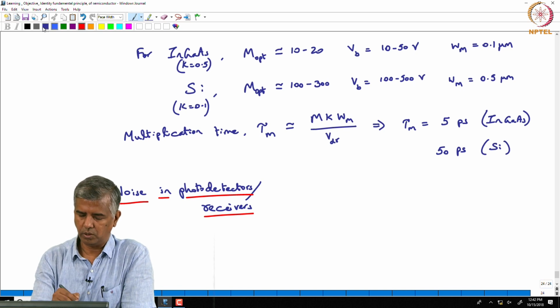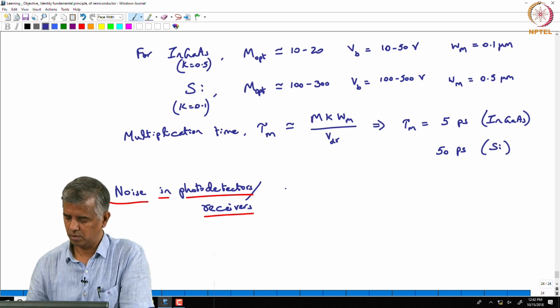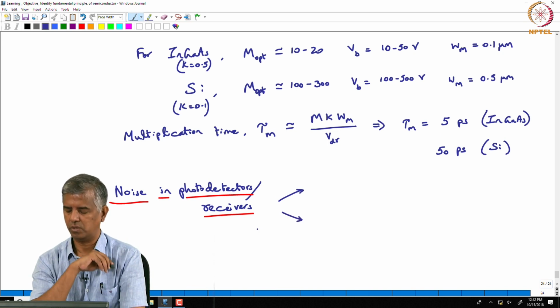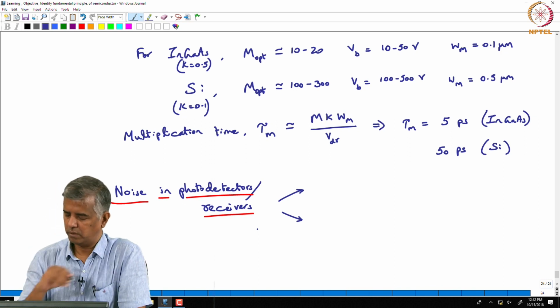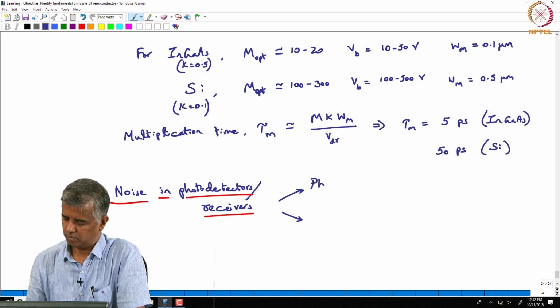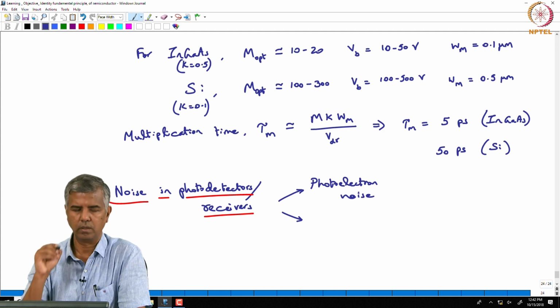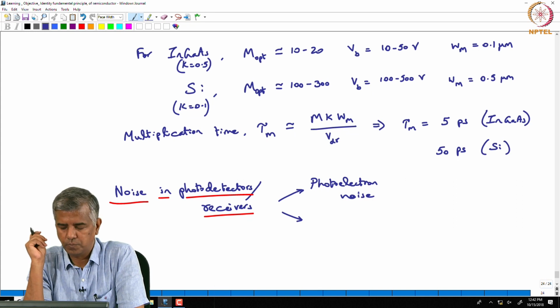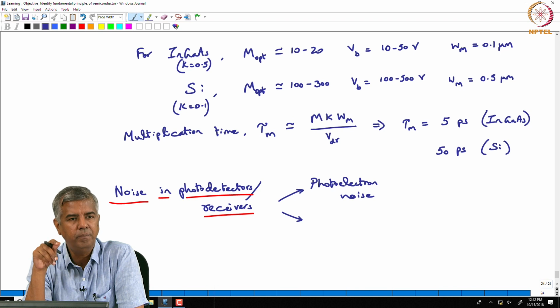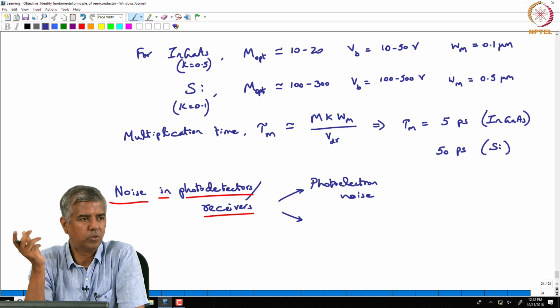So, when we talk about noise, there are primarily two types of noise associated with photo receivers. One is called photo electron noise. So, what is photo electron noise? You have photons being absorbed in the medium and you are generating electron hole pairs.